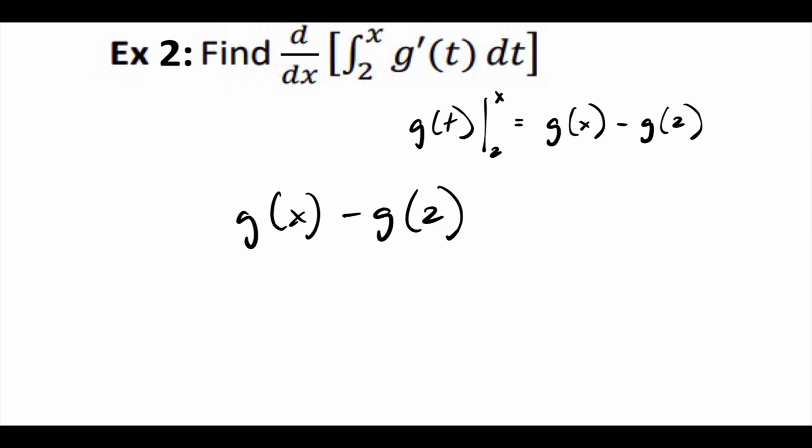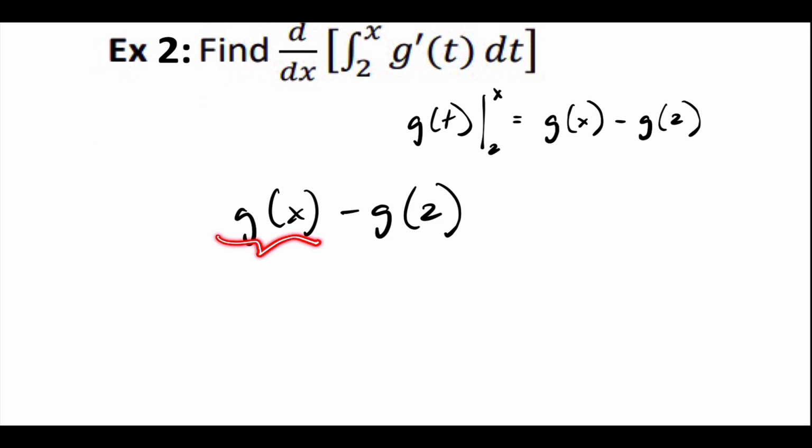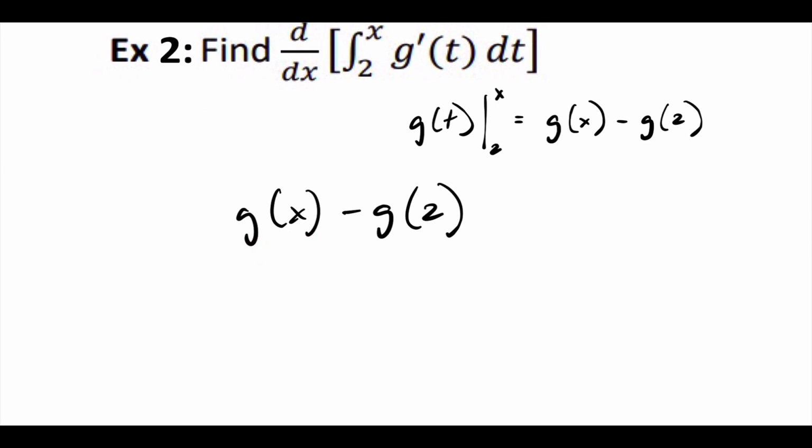So what's the derivative of g of x? g prime of x, right? We just did the antiderivative. If the antiderivative of g prime is g, then the derivative would be g prime. So g prime of x, good.